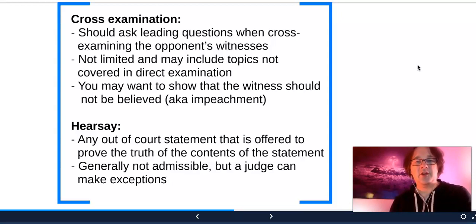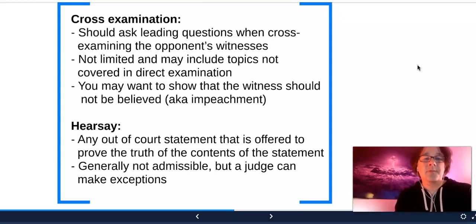And as part of cross-examination, as we've said, you may want to show that the witness is not reliable, right? That they shouldn't be believed. This is what we mean when we talk about impeaching a witness, that we're showing that they're not believable. We shouldn't trust what they're saying here.